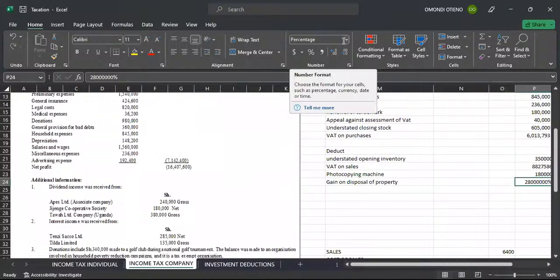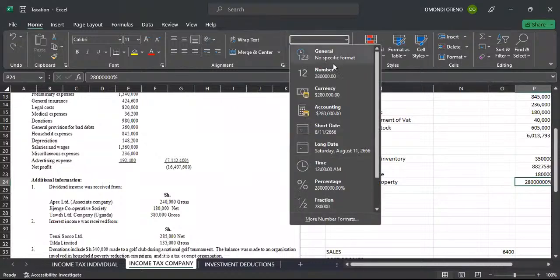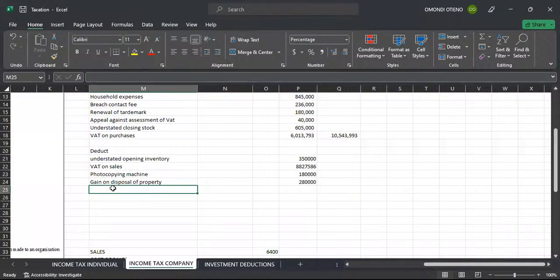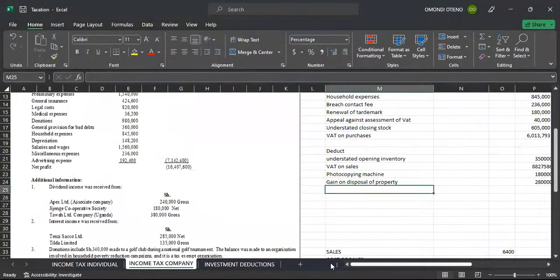Any other item that is remaining, which we need to deduct, within the data given? Let's check the additional information given.